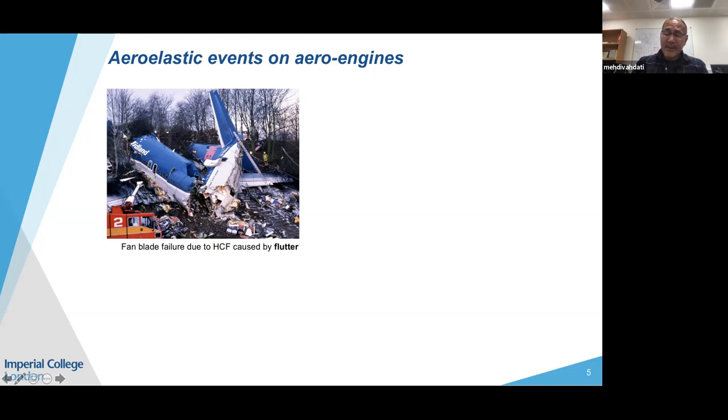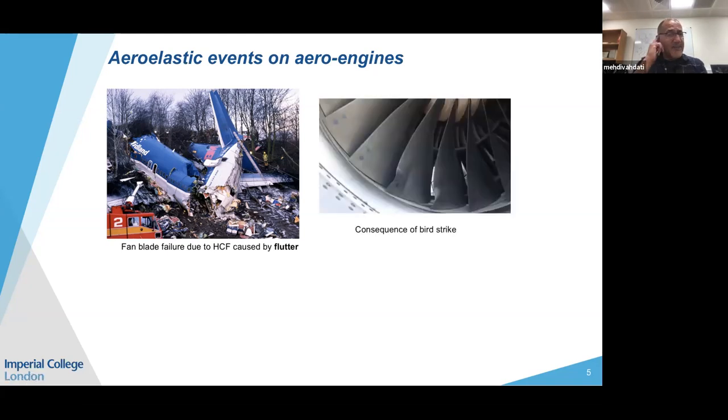The other aeroelastic event that people usually do not appreciate comes during a foreign object or bird strike. Usually the bird strike itself, given that the bird is not very big and the blade is designed well, does not result in failure of the engine. So a bird strike would create just a dent, as you can see here, on the fan blade.